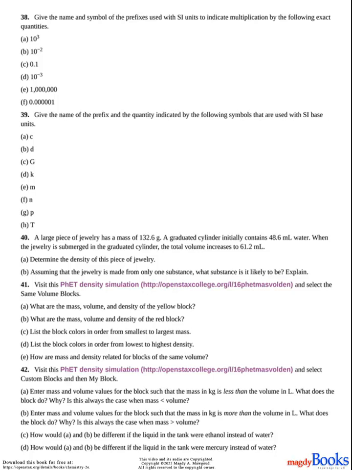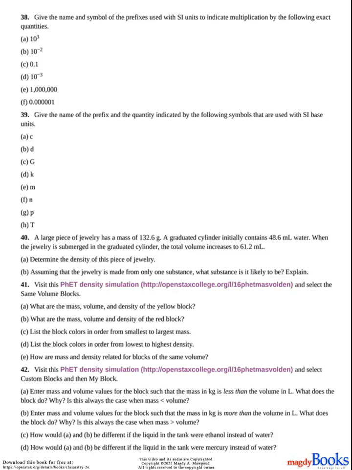Give the name of the prefix and the quantity indicated by the following symbols that are used with SI base units. A. c. B. d. C. g. D. k. E. m. F. n. G. p. H. T.